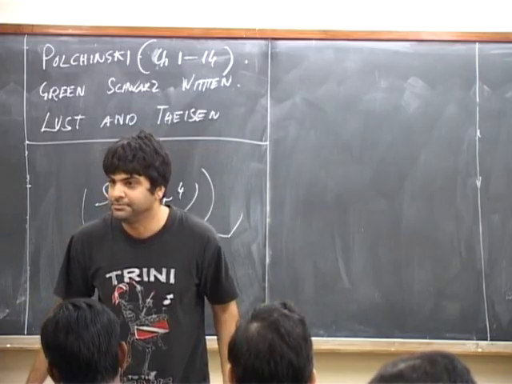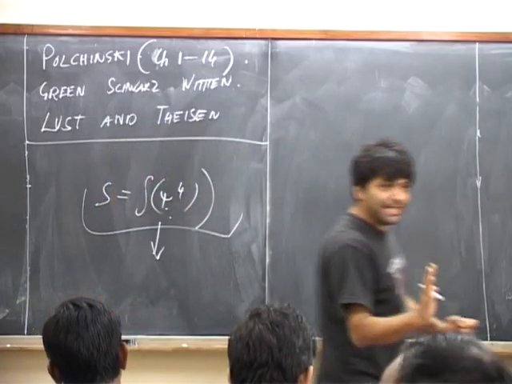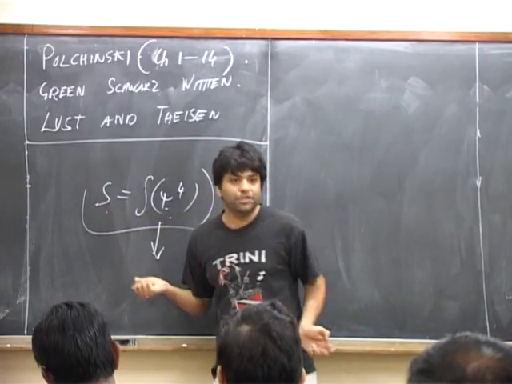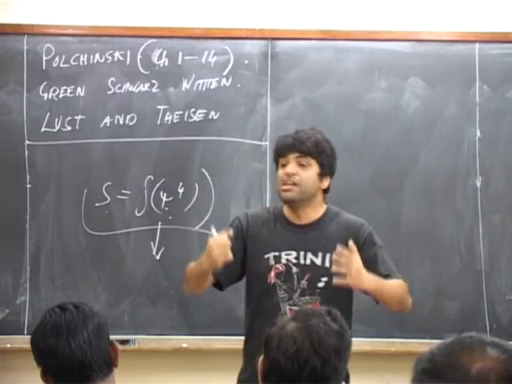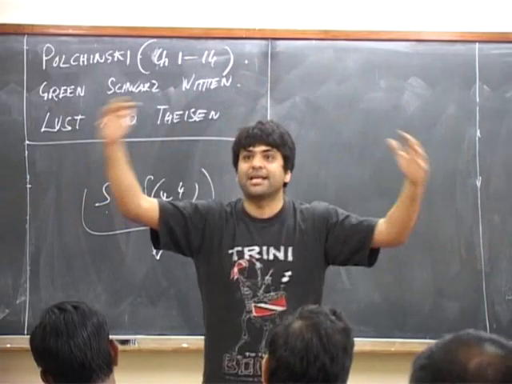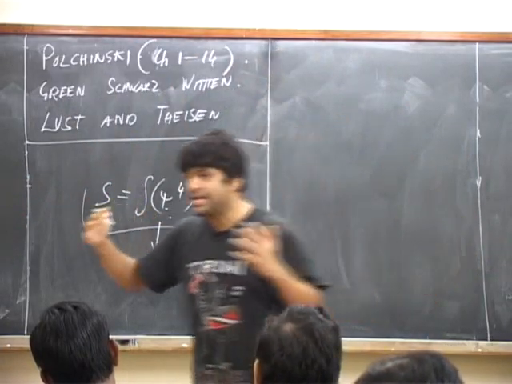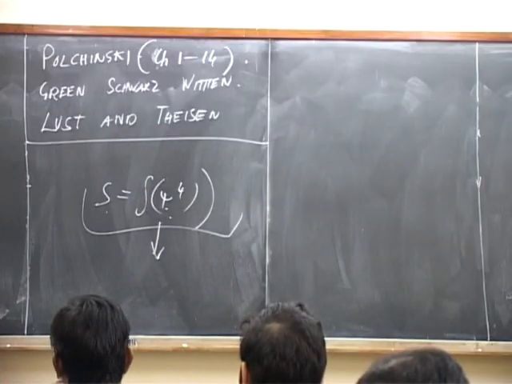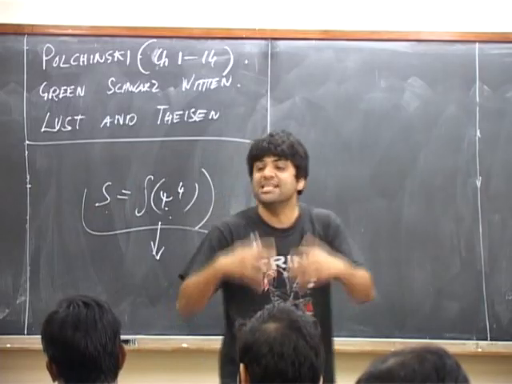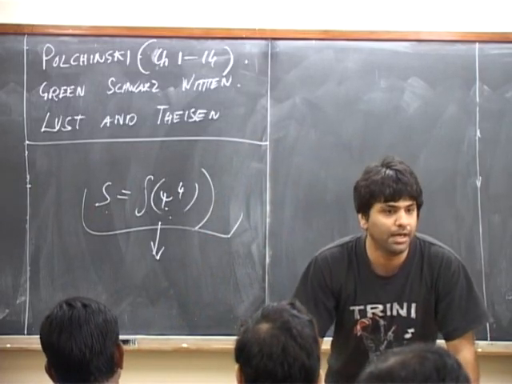So, in that case, the lesson was that we should not try to make a quantum theory based on this action. We should instead look at a larger system, which you can understand and make consistent, and when you take the appropriate limit of that larger system, it recovers the physics of this phenomenological model. Okay?